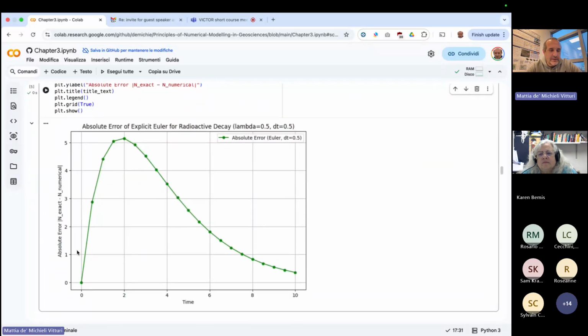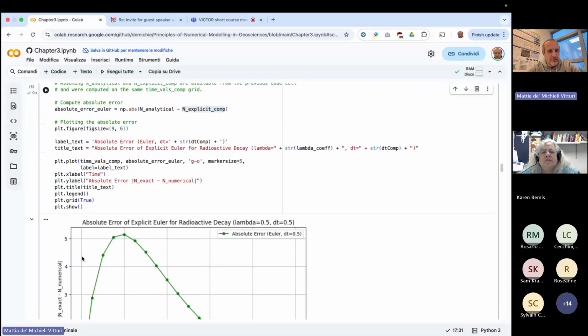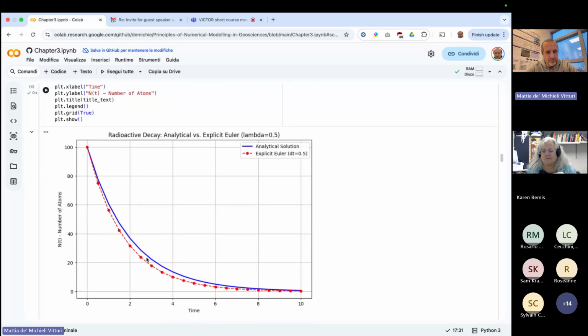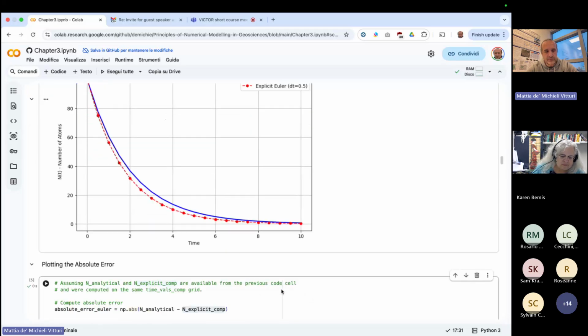So we can see exactly what we have seen before, so that the difference was 0 at the beginning because we initialized both the solutions with the initial value. Then it increases with time, and then it becomes smaller.